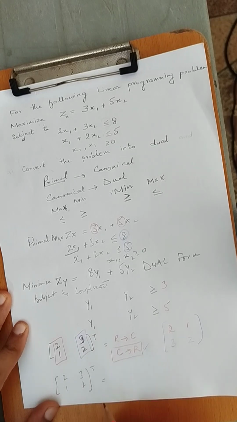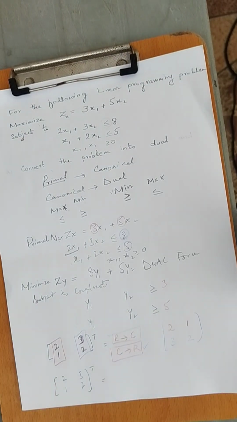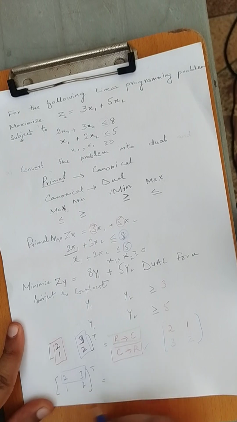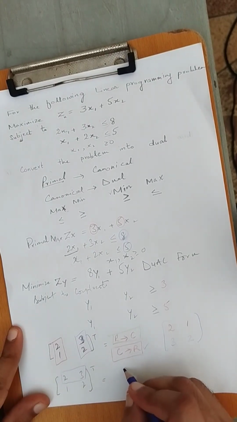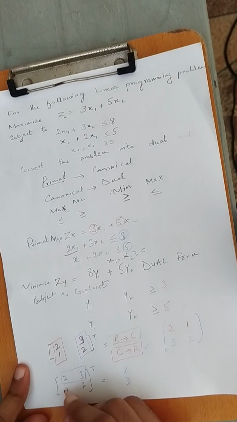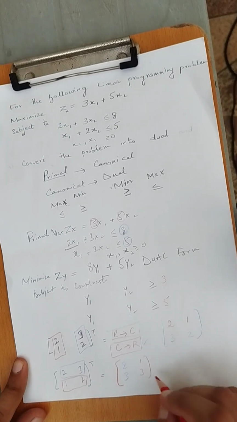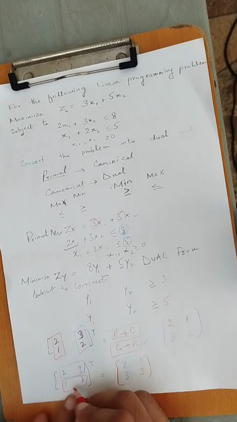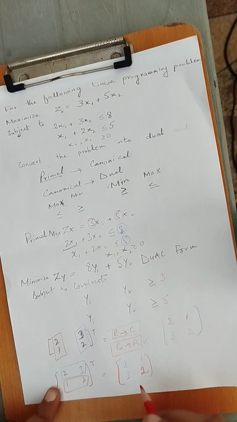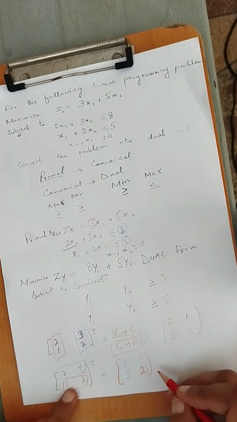Now let's do the other one, transposing row into column, to show that the answer will be the same. So you see, this is the row. So row into column. Which answer is the same? 2, 3 is the row, it is converted into column like this. 1, 2 is the row, it is converted into column.